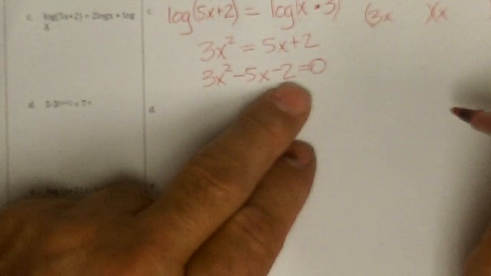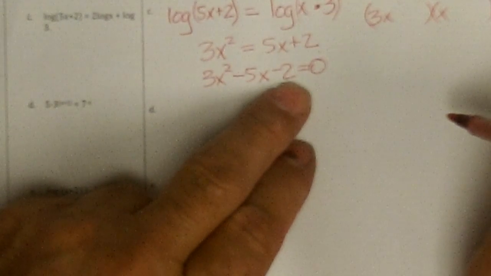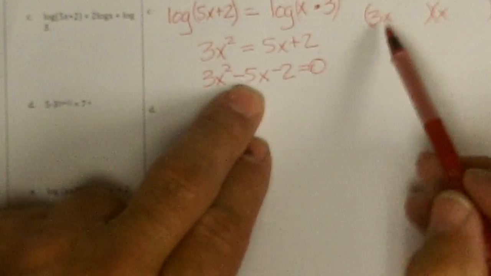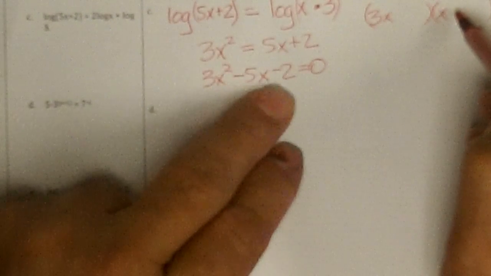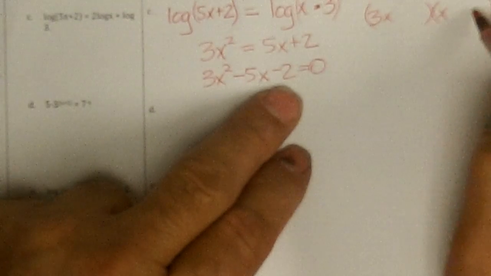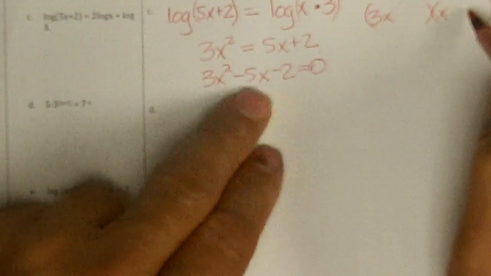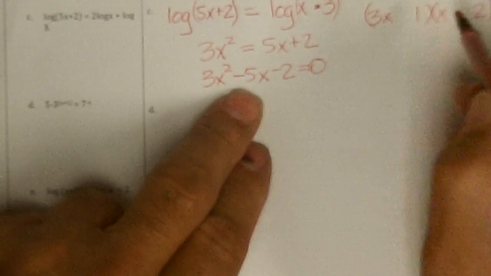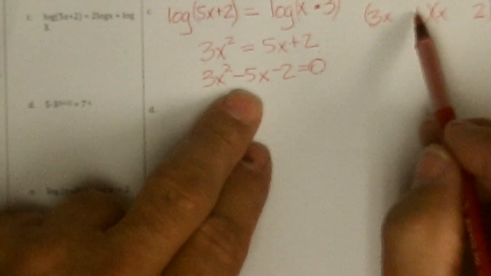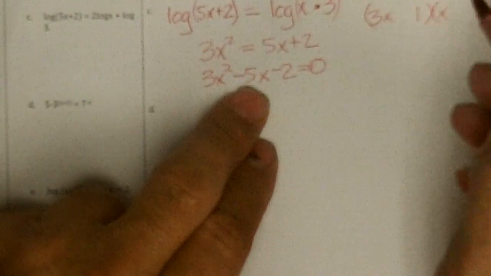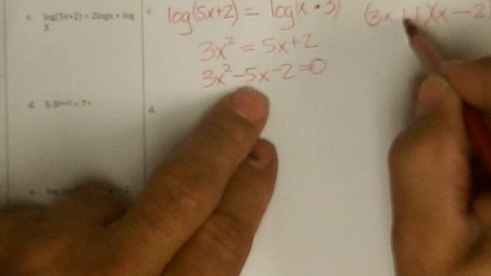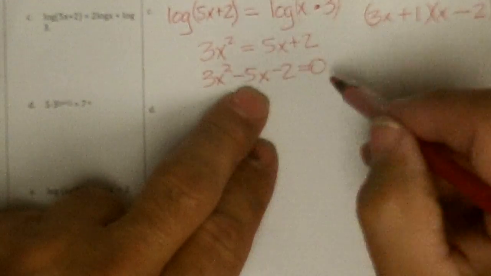And to make minus 2, we're going to have a 2 and a 1, and one of them is negative. We've got to get minus 5. So if one of them is negative and one's positive, I better get 6 minus 1 to get 5. So I'm going to put the 2 here and 1 here, so I get 6 x's and 1 x, and I want it to be negative 5, so I'm going to make it negative 6x plus 1x is negative 5x.